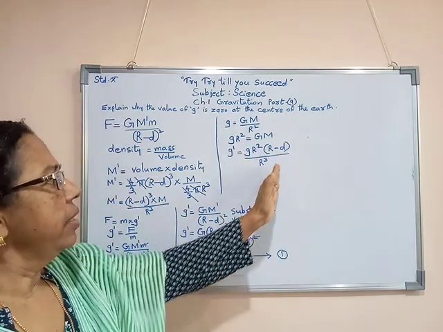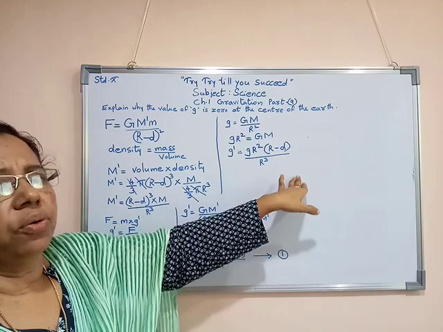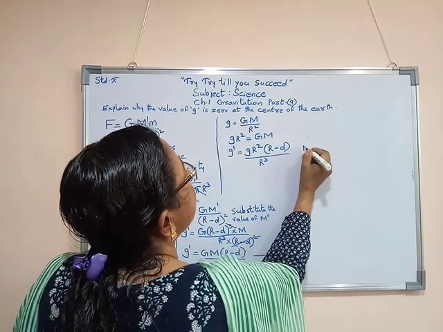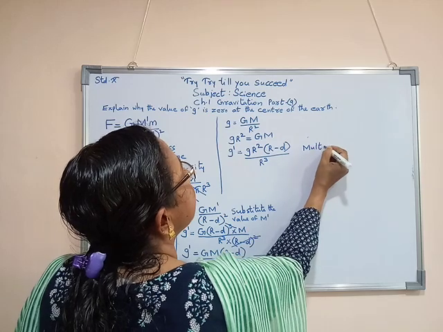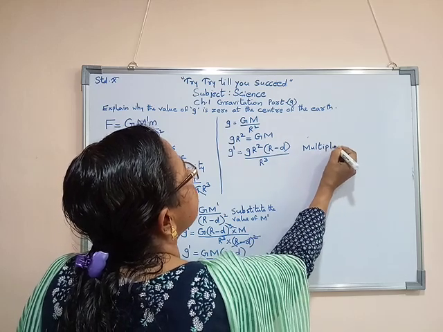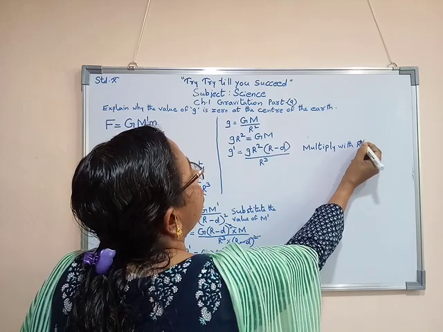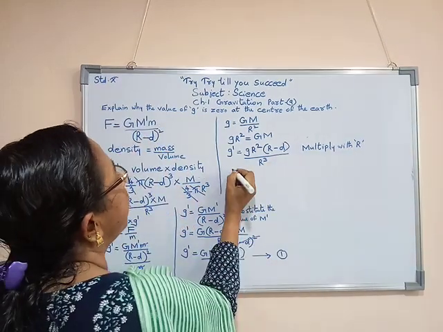Now what I am doing, I am multiplying up and down with the capital R. So we will multiply with the capital R on both the sides. Then how it can be?